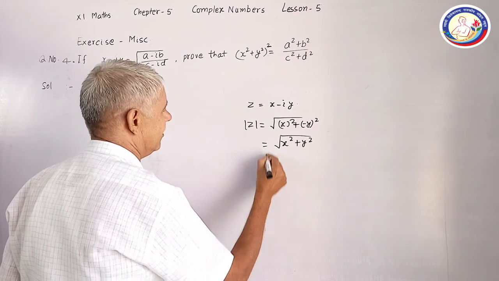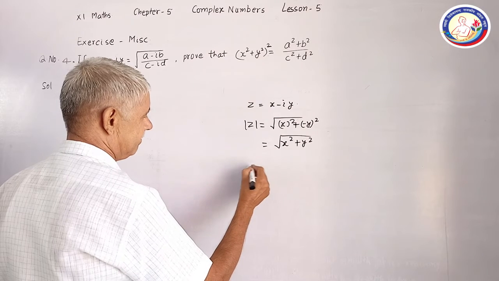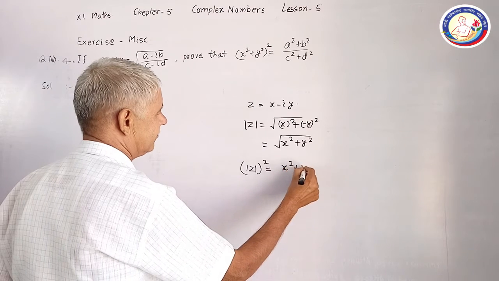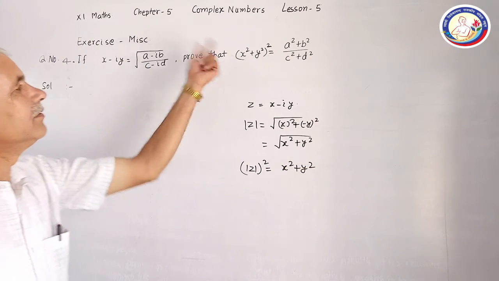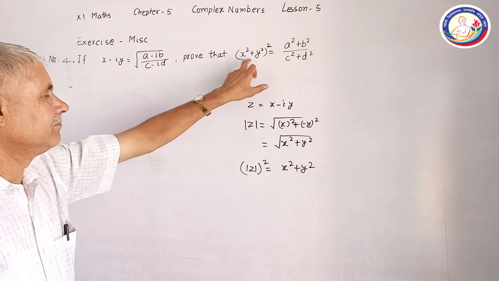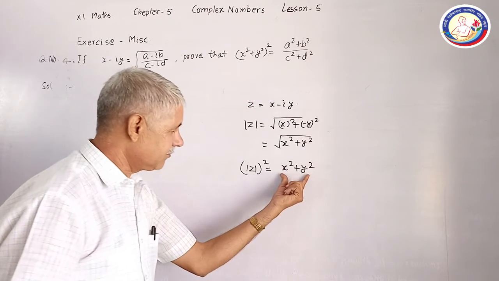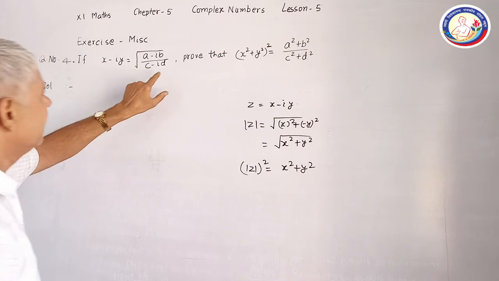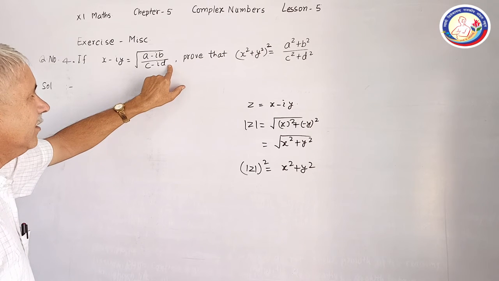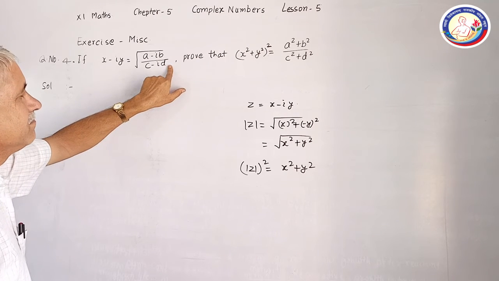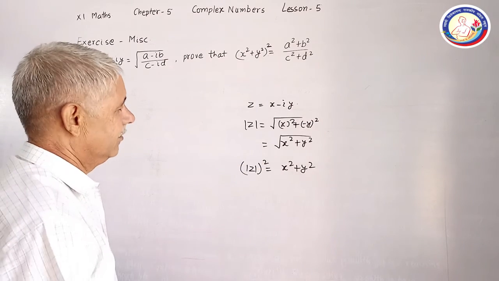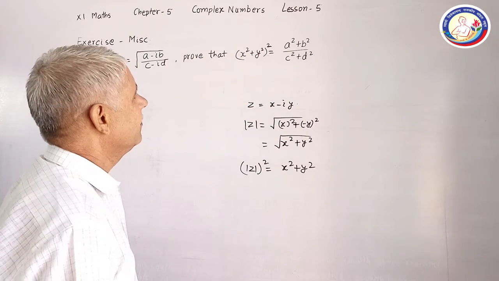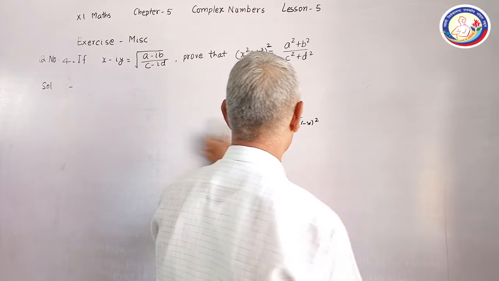And on squaring, we get x square plus y square, and we can obtain this if we square this again. But what about this right hand side? It will lead us to a very complicated calculation. So is there any possibility of finding this equation with the help of our knowledge about complex numbers?